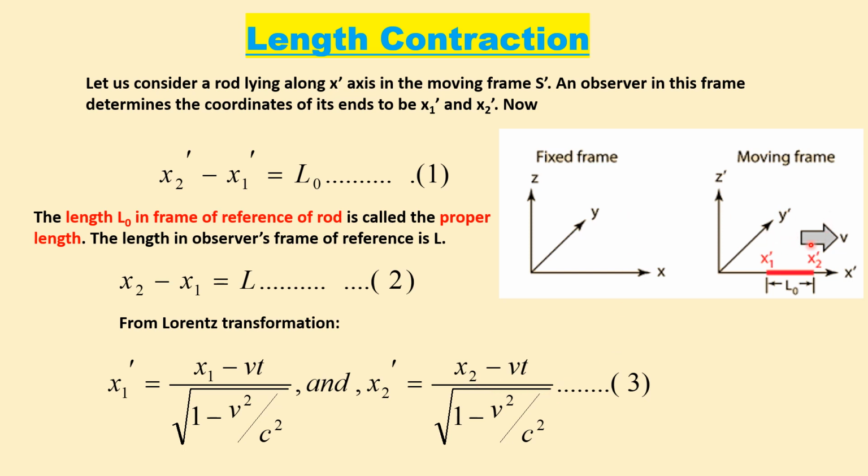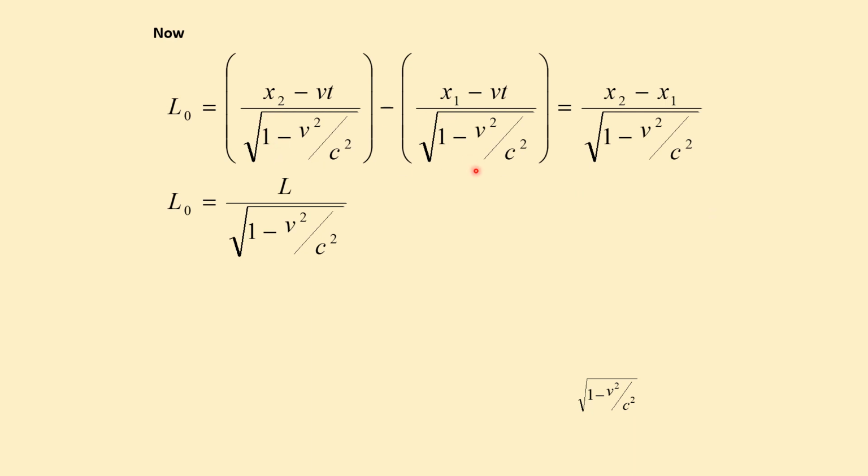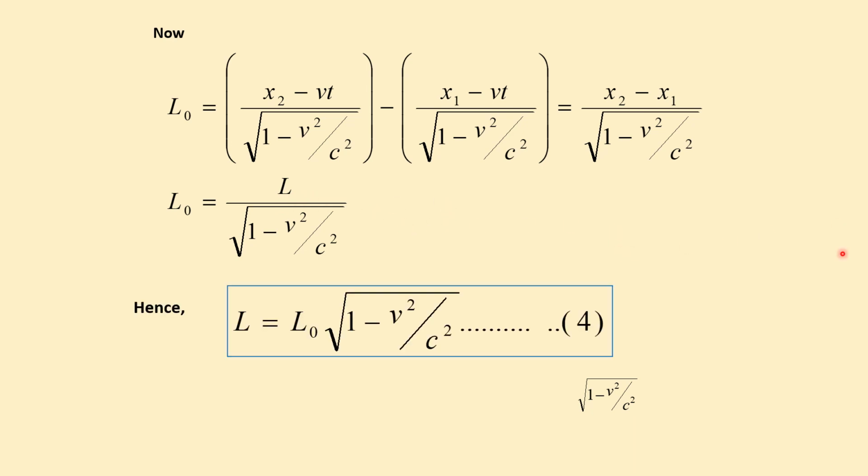If the moving frame has some velocity v, x1 prime equals x1 minus vt divided by root of 1 minus v square by c square, and x2 prime equals x2 minus vt divided by root of 1 minus v square by c square. If we put these values here, we get x2 minus x1 divided by root of 1 minus v square by c square, and this x2 minus x1 is the length L as observed by the observer in the rest frame or fixed frame.